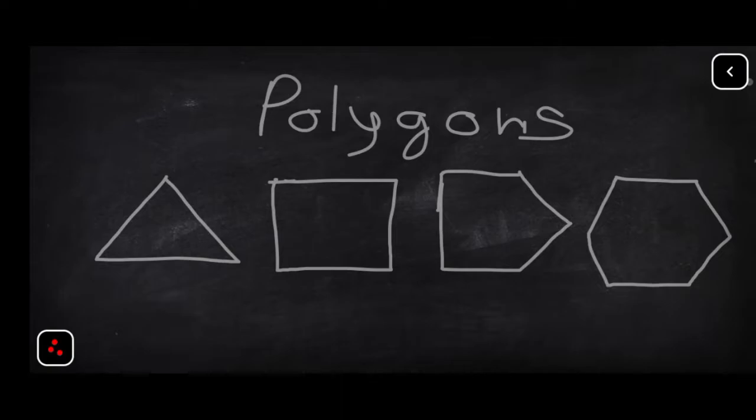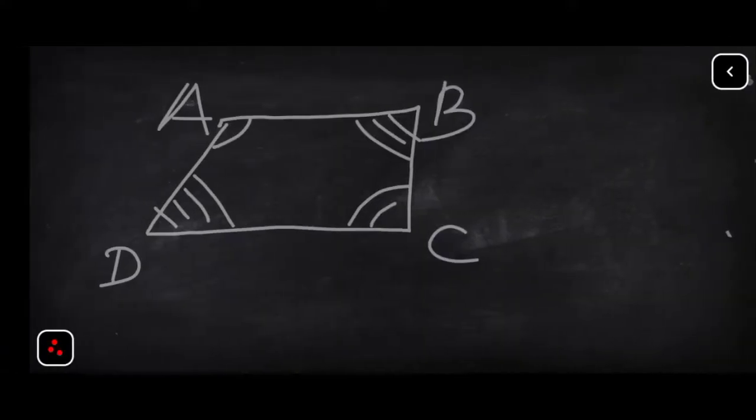But before that, let's discuss convex polygons, concave polygons, regular polygons, and irregular polygons. So, the first one is the convex polygon. A polygon with all internal angles less than 180 degrees.